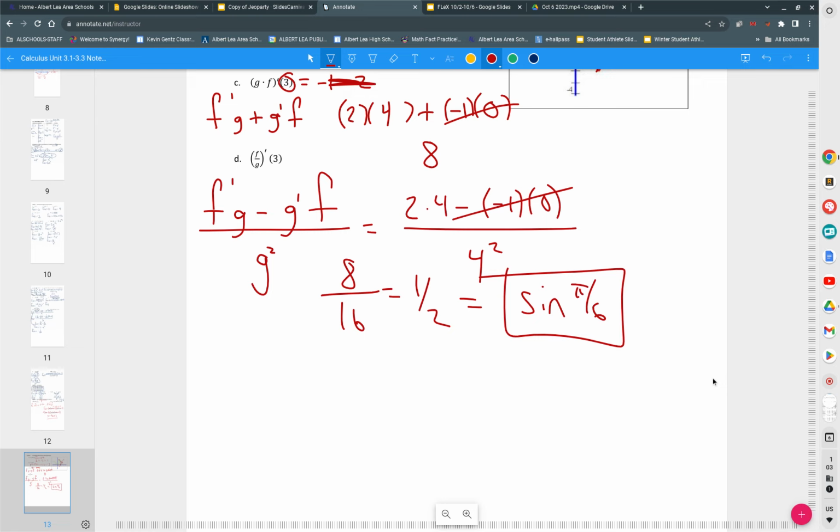This is great. So you guys see those moments as a teacher where I get 1/2 and your eyes are like, yeah, I did it right. And I say sine of pi over 6, and all of a sudden this flood of anxiety, like, do I remember third quarter last year? I don't think I do. What is pi over 6? Is it like 30 degrees, opposite over hypotenuse? What the heck is going on? And I'm just joking, you guys. But that's part of the math humor. And every once in a while, I get a student that understands my math humor.